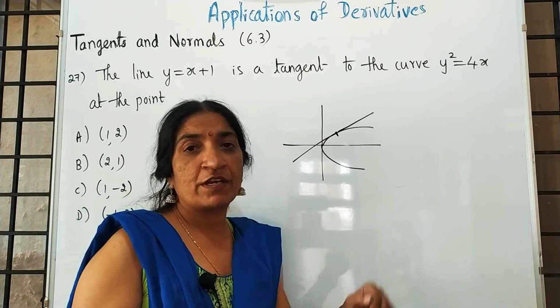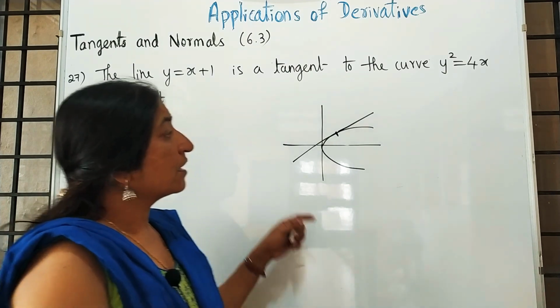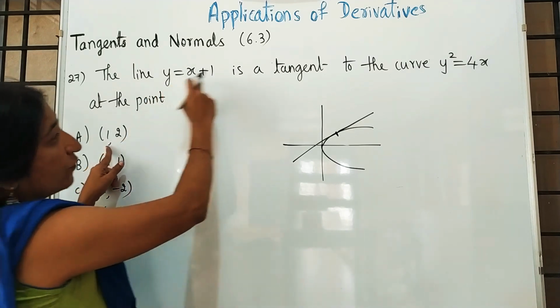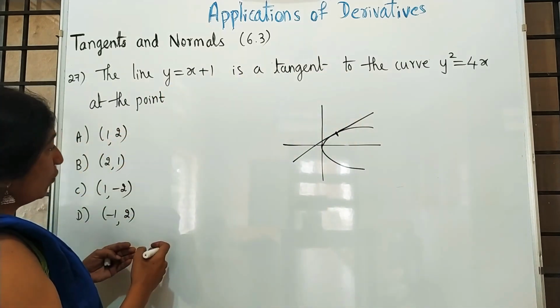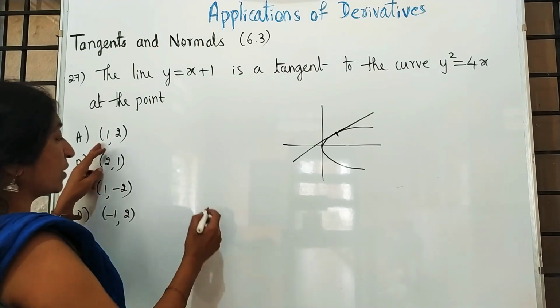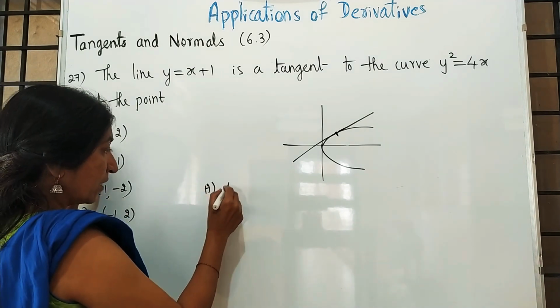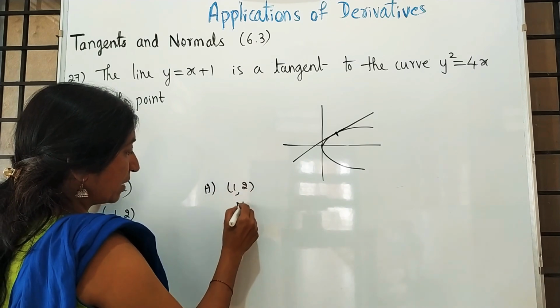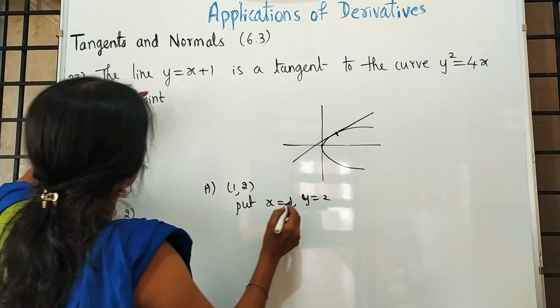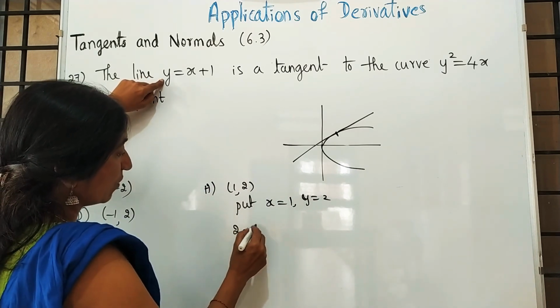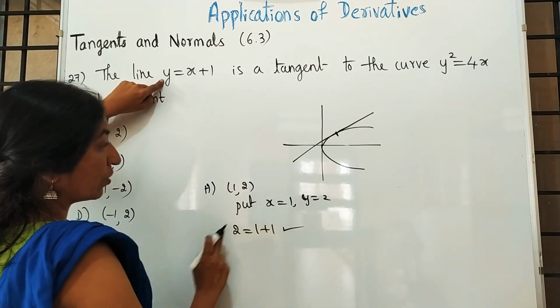Then how do you verify that? Just check if the point satisfies the equation. Now we have to check it for all the 4 points because it is multiple choice. First one, 1 comma 2. Put x is equal to 1 and y is equal to 2. If you write in this equation 2 is equal to 1 plus 1, is it correct? Yes.